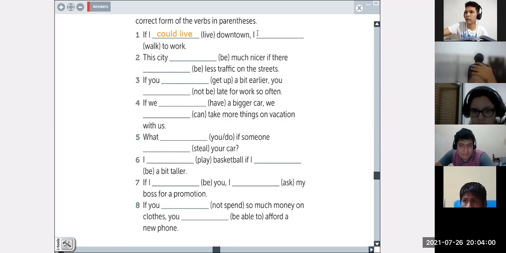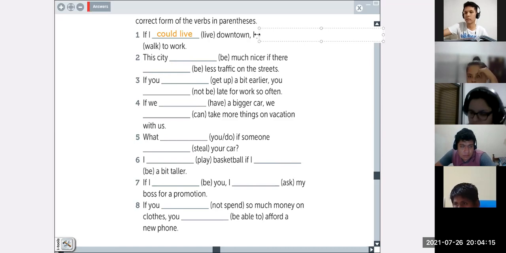Can I say I wouldn't walk? Ok, pero aquí en el paréntesis no nos dice que utilicemos not, ¿cierto? Entonces, no es necesario.